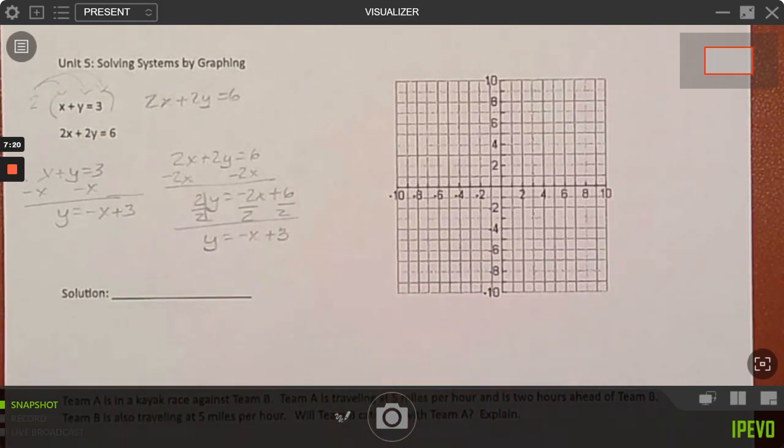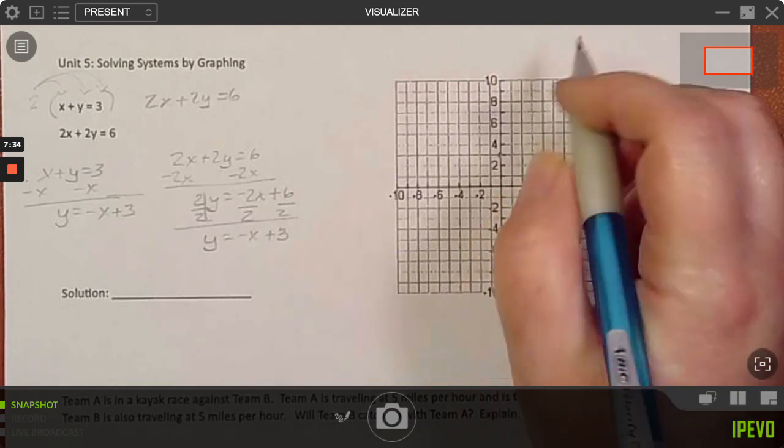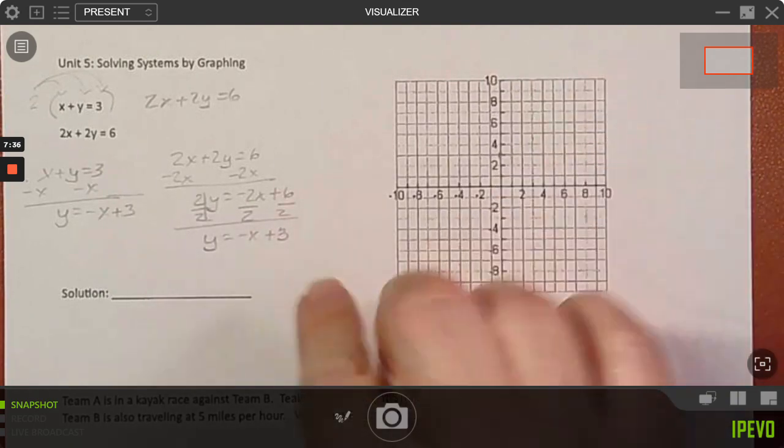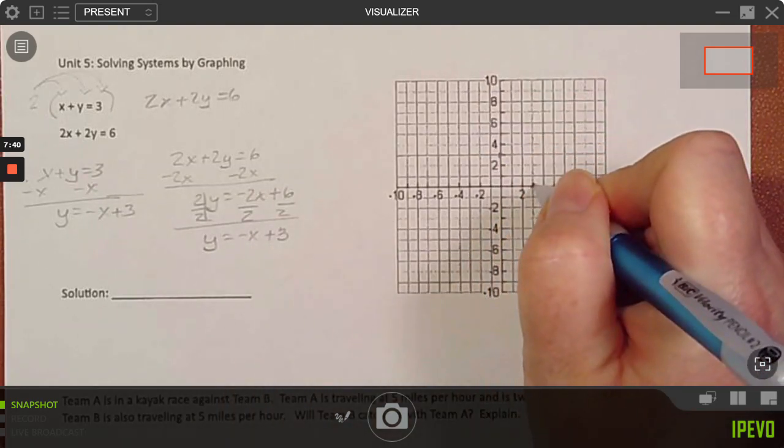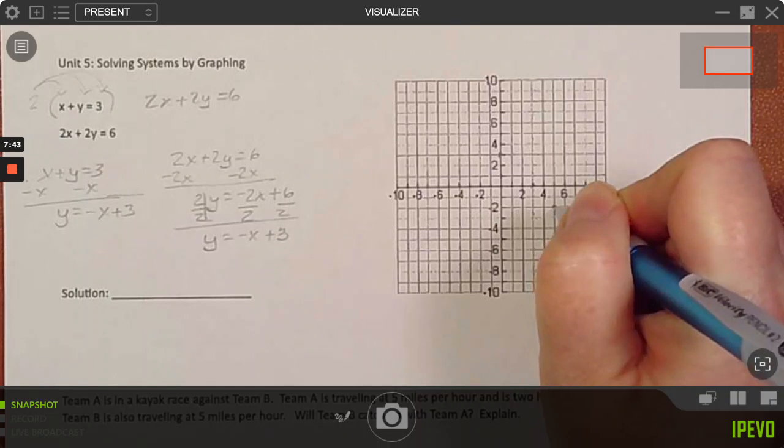So we see they are the exact same line, same slope, same y-intercept, and then let's graph it. It's actually the same line, so we just have to make one graph. y equals negative x plus 3. We'll have a y-intercept at 3. It has a slope of negative 1, so I can go down 1, right 1, down 1, right 1, just on that diagonal.